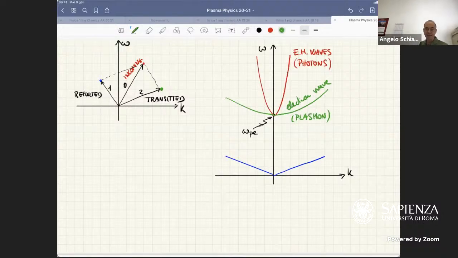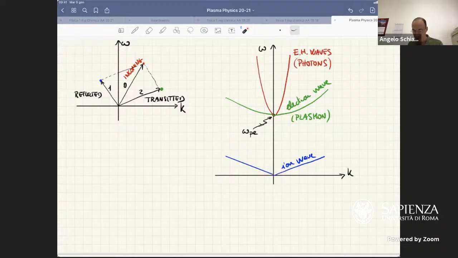Okay, so it's represented by a wave packet that oscillates around the plasma frequency. That's why it's called a plasmon. And the ion wave is much slower than the other two kinds of waves, as we might know, and we almost do not see the fact that it has the ion plasma frequency here.